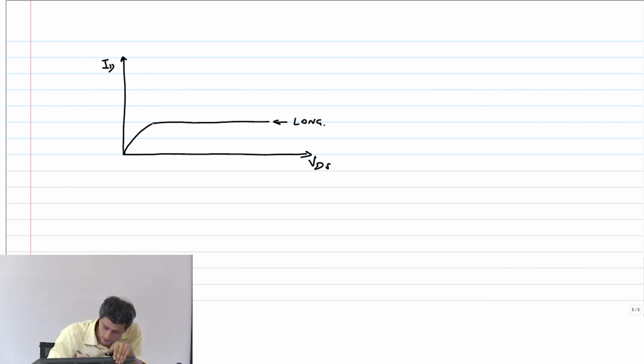So this current will actually go like this. Remember, it's not like some huge slope, it's a very small slope that you will get there. Okay, this slope is basically, let me just redraw that nicely. This slope is basically lambda.